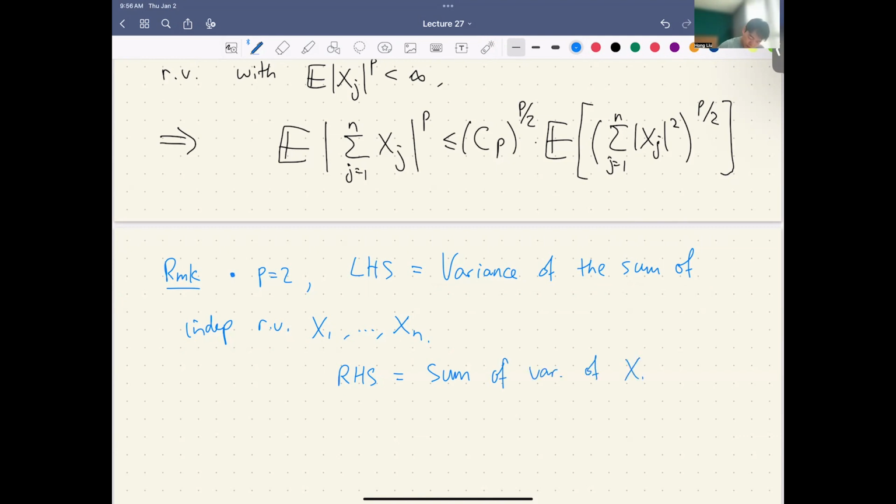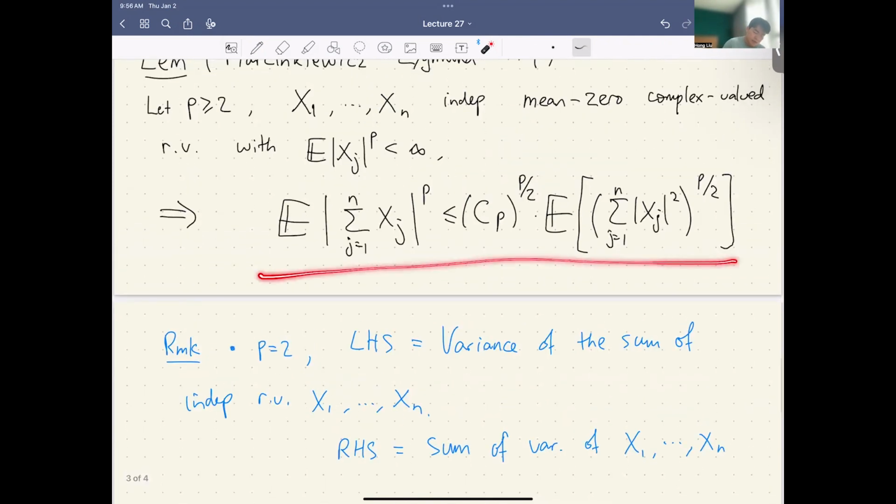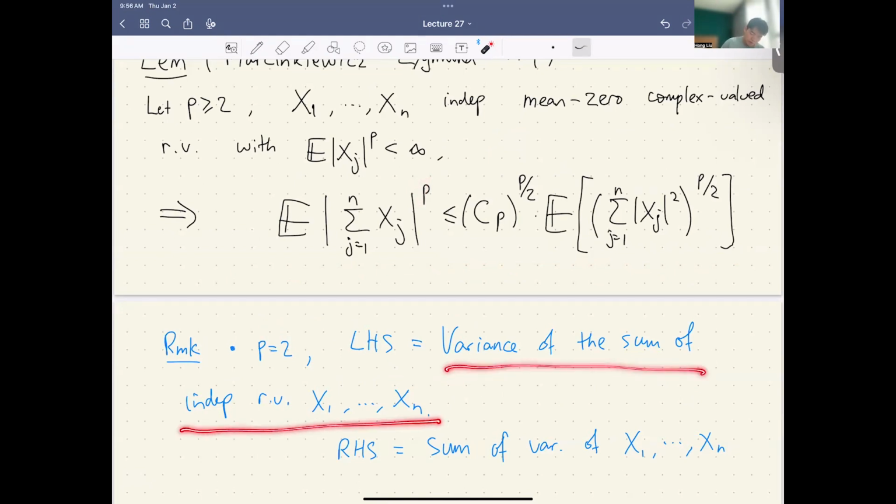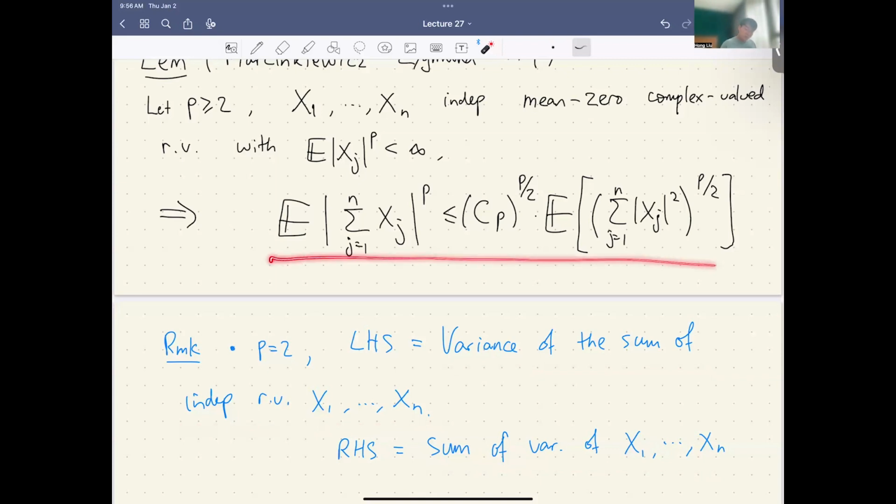So when p equals 2, we don't even need this term. And this inequality is saying that a similar bound holds for higher moments, with the cost of some small constants that we need to multiply. Okay.